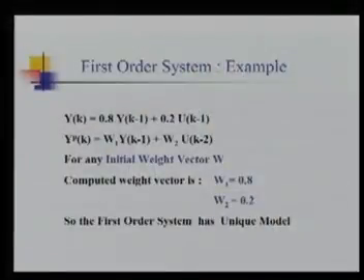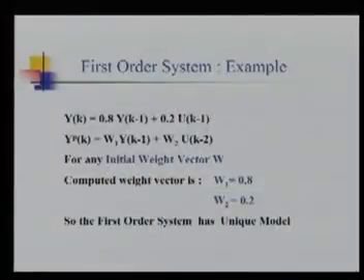Now, we will end this lecture by taking an example. We will take a first order system y_k equal to 0.8 y_{k-1} plus 0.2 u_{k-1}. This is my actual system. I generate data using this system. You can do a simulation experiment to generate this data from here. Then I have this neural network where W1, W2 are unknown.